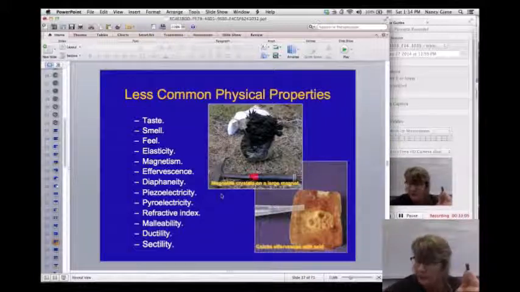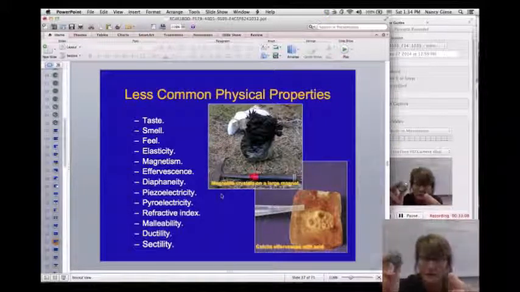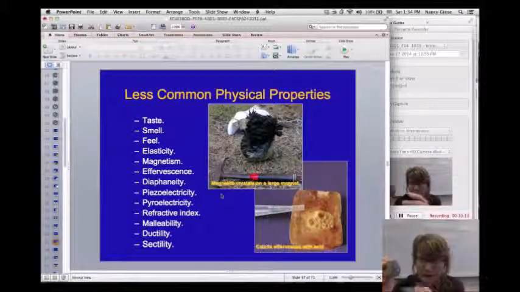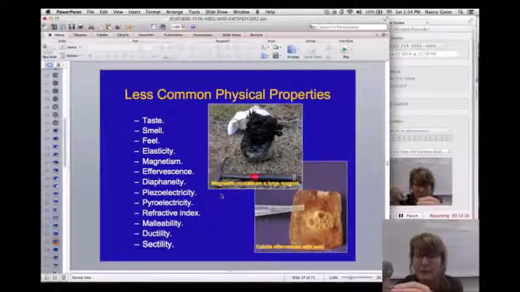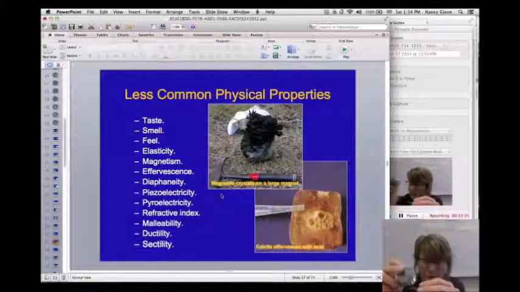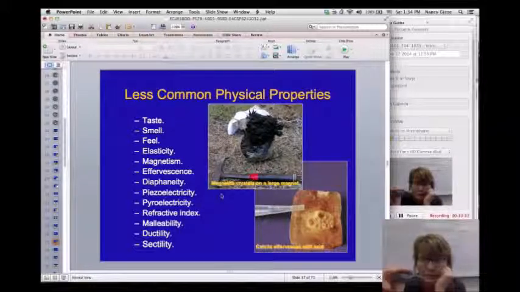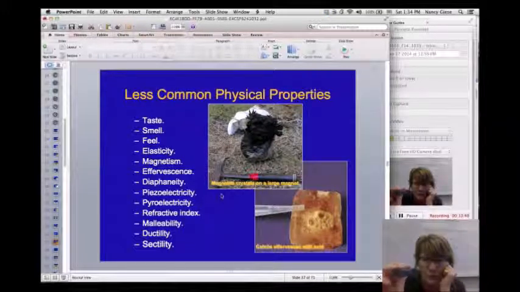So for example, if I wanted to test to see if this mineral was a mineral that is characterized by magnetism, and I had the magnet just kind of lying in my hand, there's no attraction. It doesn't lift the magnet up. Okay. Some minerals, if I bring it close to the magnet, it will hold the magnet to it. So that's a mineral that exhibits magnetism. And so if you have that mineral, it's easy to identify using a magnet.